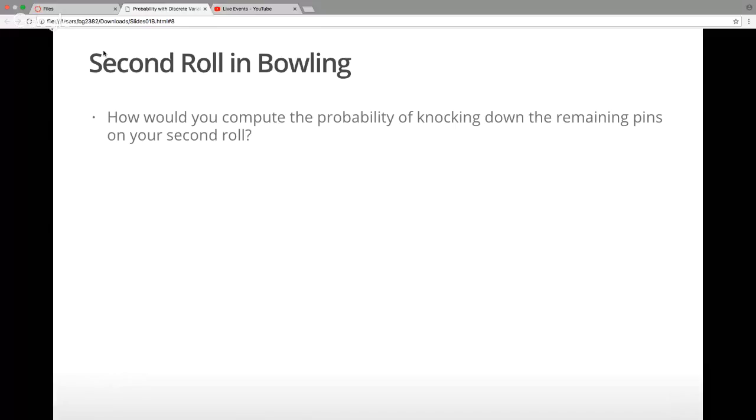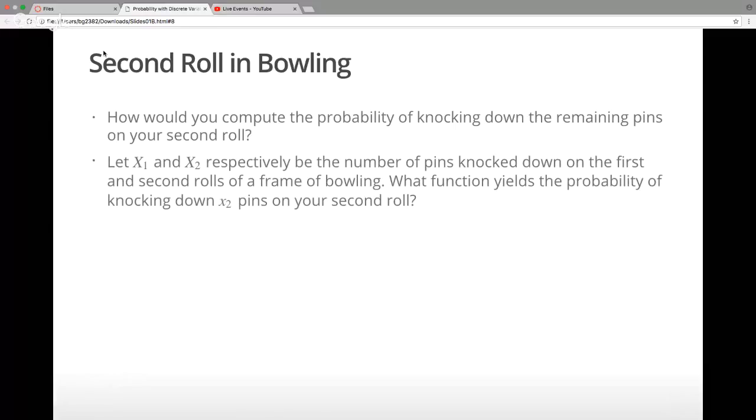Okay. So we did that. In order to distinguish between the first and second rolls of a frame of bowling, we're going to define 2 random variables, x1 and x2, the number of pins knocked down on those 2 rolls respectively.